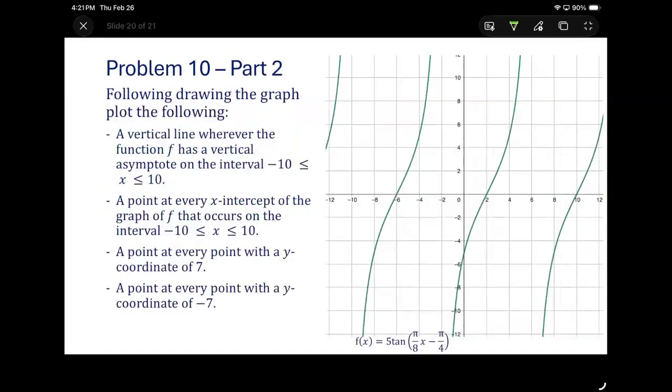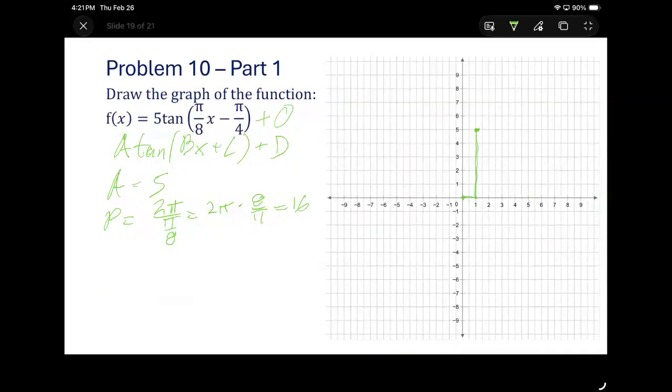So it'd be 8. It's because when you use tangent, you just do pi over b, because it's periodic with pi as opposed to 2 pi.